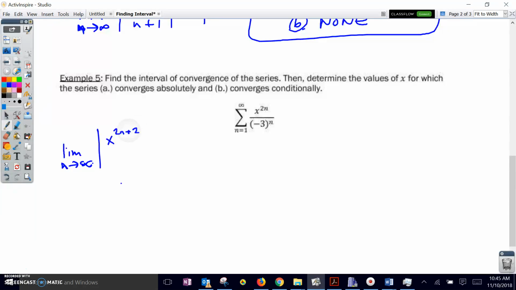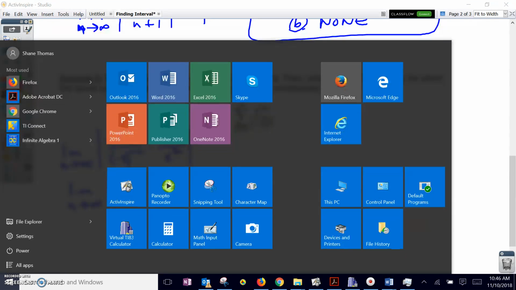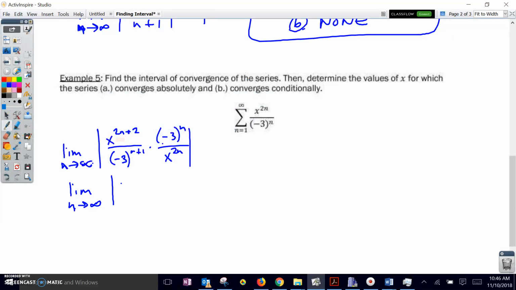When we put n plus 1 in there, it becomes x to the 2n plus 2 times the reciprocal of a sub n. And simplifying all of this, this becomes x squared over negative 3.